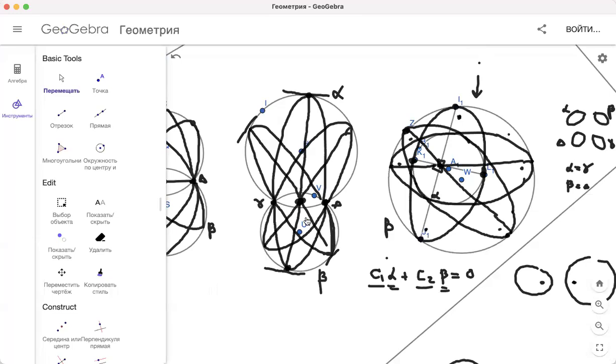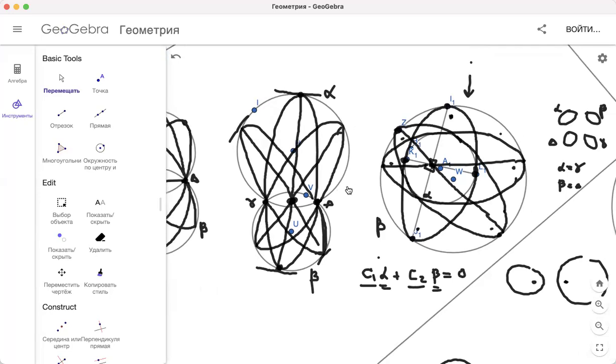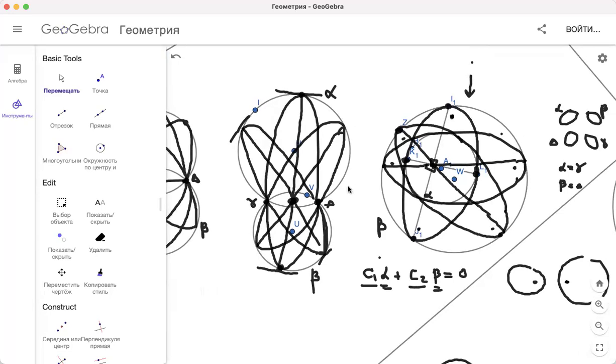It will be interesting to find a similar proof, because these two figures have something in common. But I don't know a similar stereometric proof for the left figure, for the left example. So I think that's all. That's all that I want to tell you.